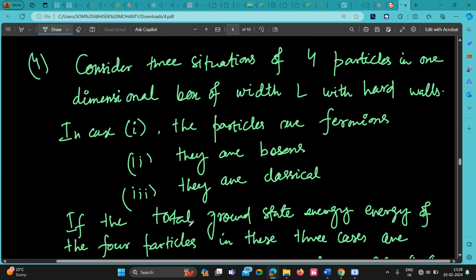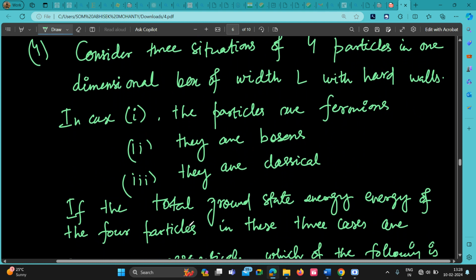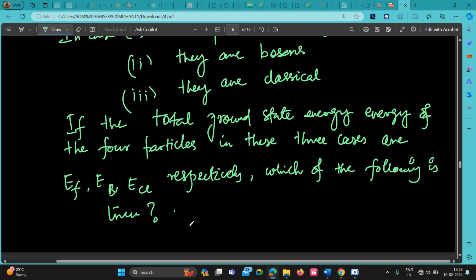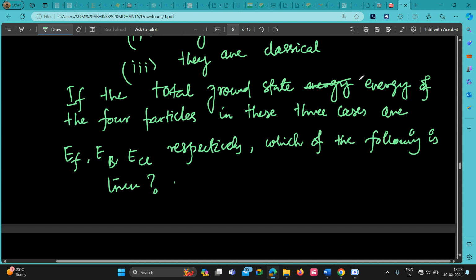Consider three situations of four particles in a one-dimensional box of width L with hard walls. In case 1 the particles are fermions, in case 2 they are bosons, in case 3 they are classical. If the total ground state energy of the four particles in these three cases are EF, EB, ECl respectively, which of the following is true?